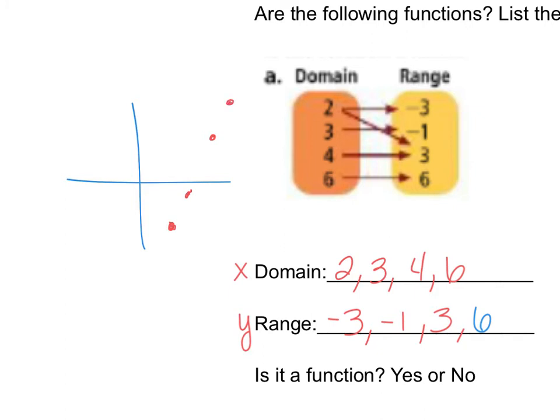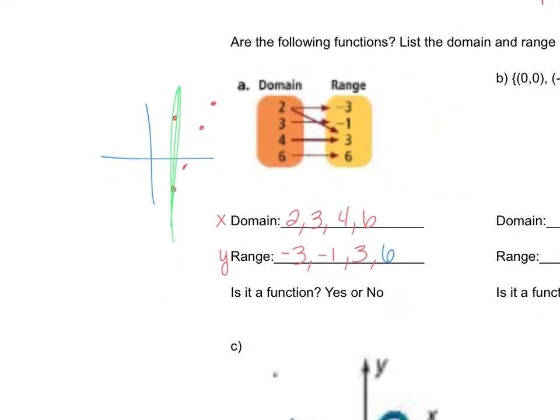And then I forgot the other one. 2, 3 would be about right there. As you can see, my graph's not perfect, but those 2 dots would not pass the vertical line test. So that's why I say if you have the same x, like the 2 points have the same x coordinate, they're not going to pass the vertical line test. If you forget that trick, that the x's can't repeat, that's okay. Just sketch a quick graph like I did. It takes 10 seconds.